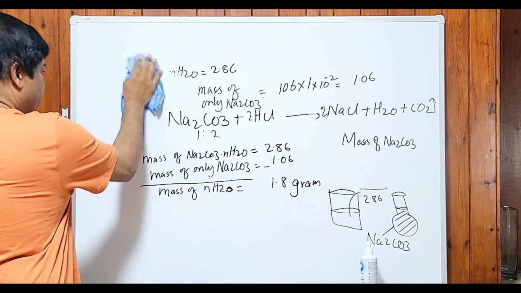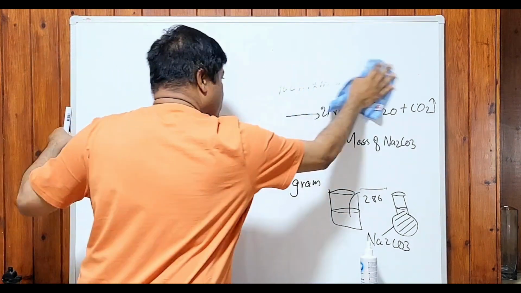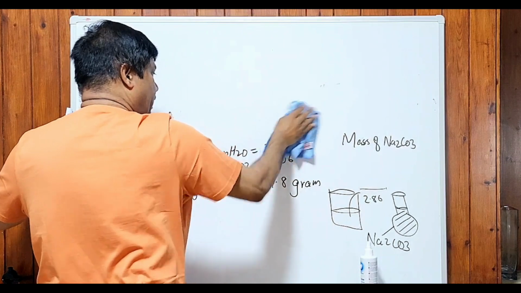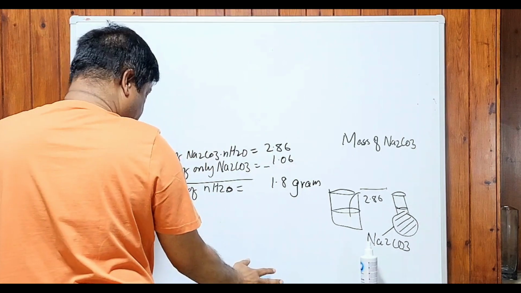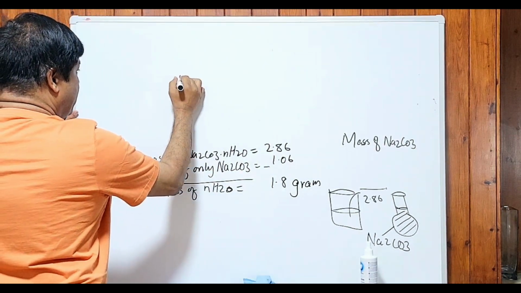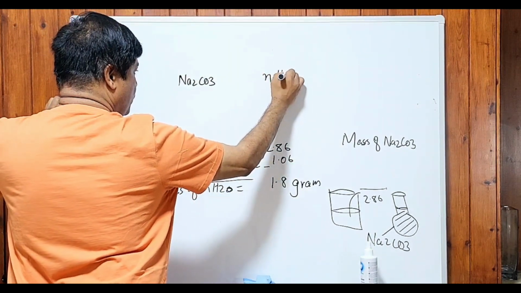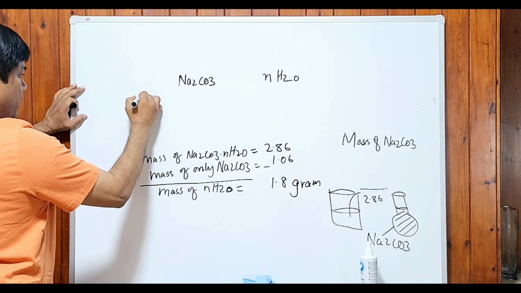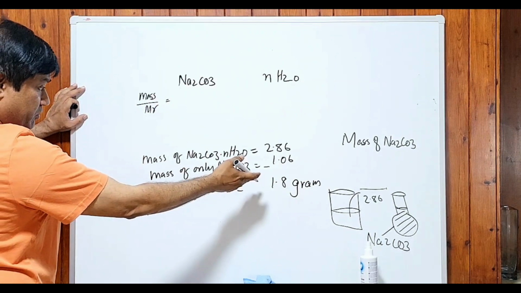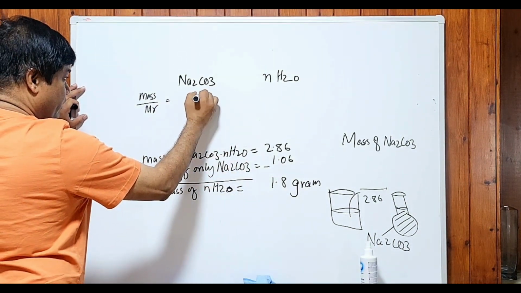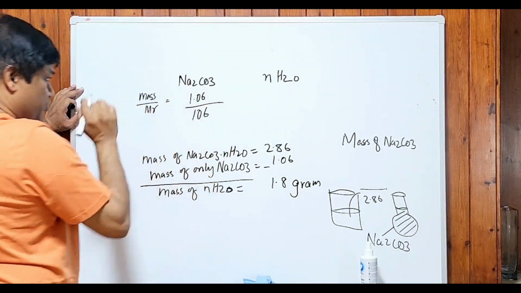We have masses, so we will work out the moles of Na2CO3 versus nH2O, mass over its Mr. We worked out the mass of sodium carbonate and its Mr equals 106.